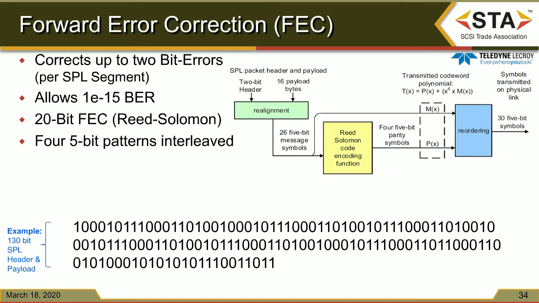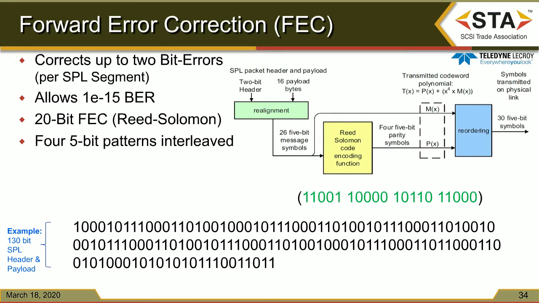The FEC calculation starts with the 130-bit SPL packet and payload, and this is after scrambling in the case of data, right? This is used to generate 4 5-bit parity symbols. These are the FEC bits.